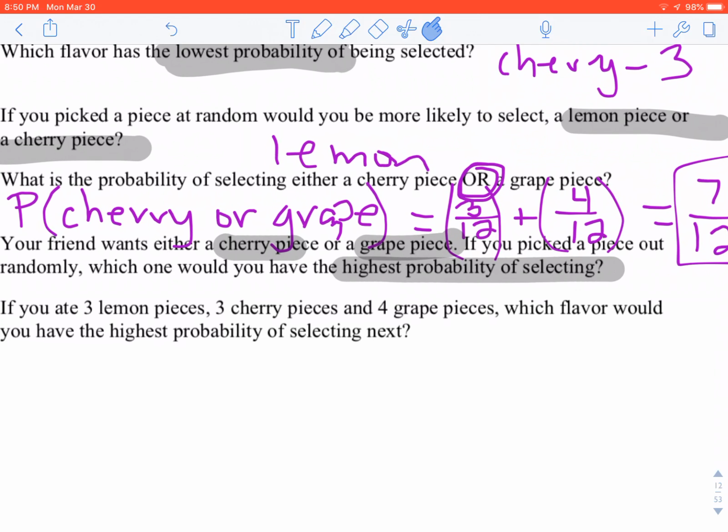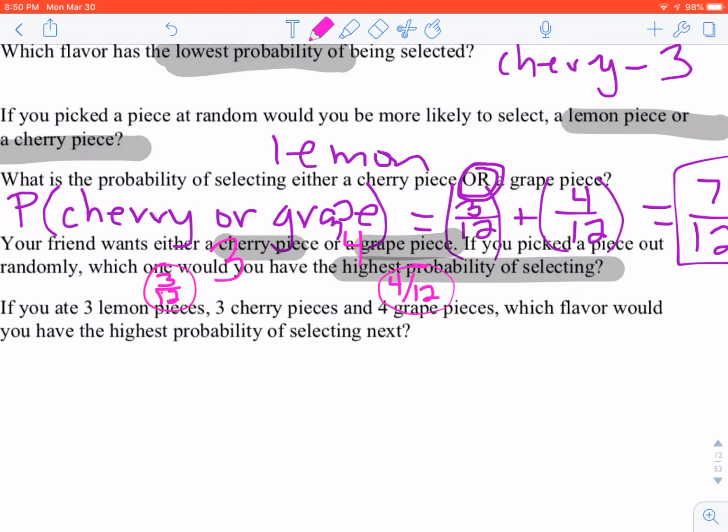We know that there were 3 cherry pieces and 4 grape pieces. You can set up your fractions and say that the cherry piece has a 3/12 chance of occurring. The grape piece has a 4/12 chance of occurring.